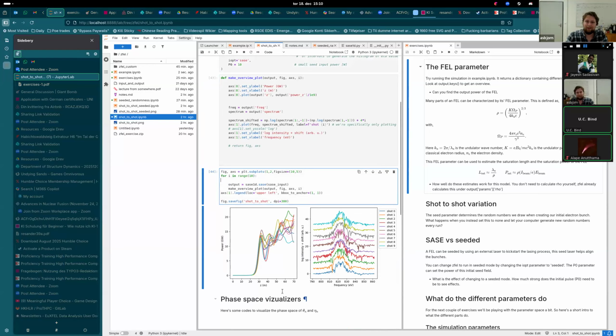So you can see the saturation. This length is about the same. It always takes about 30 meters for us to reach the lasing plateau, but then some of them drop quite a bit down, and they all develop slightly differently.